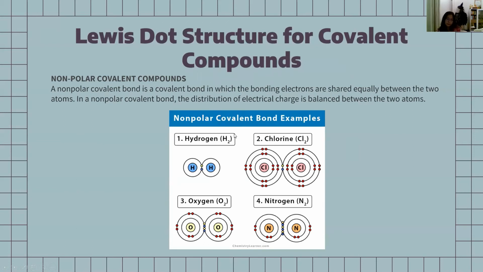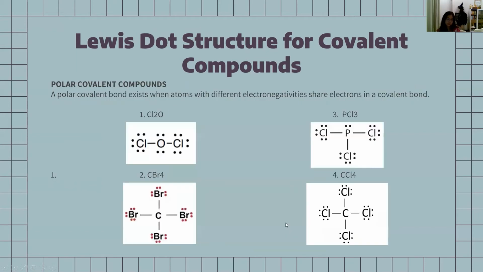So, nonpolar covalent bond is a covalent bond when you share atoms with the same element. So, for example, H and H becomes H2 or hydrogen, and then Cl with Cl becomes Cl2 or chlorine, and then O with O becomes O2, oxygen, and N with N becomes nitrogen.